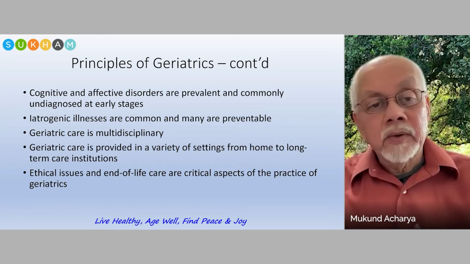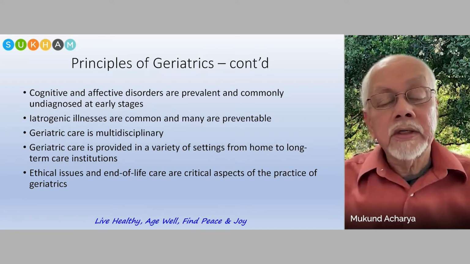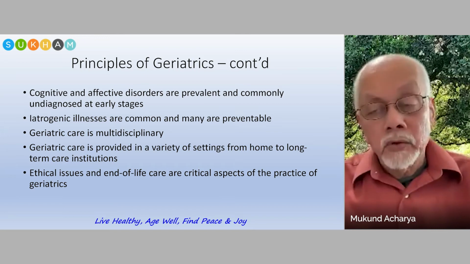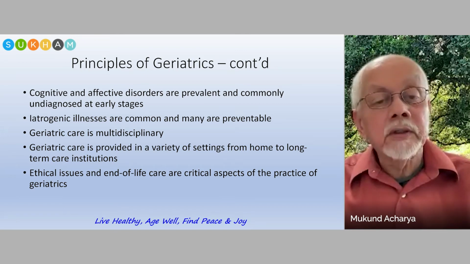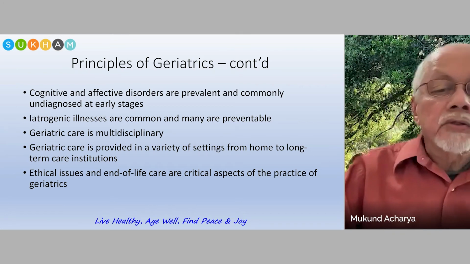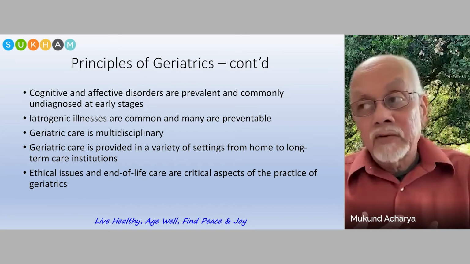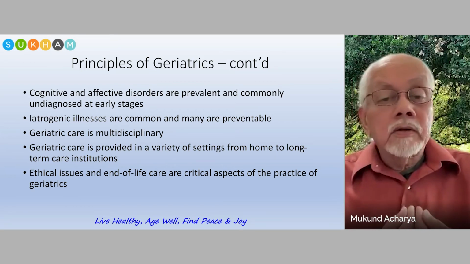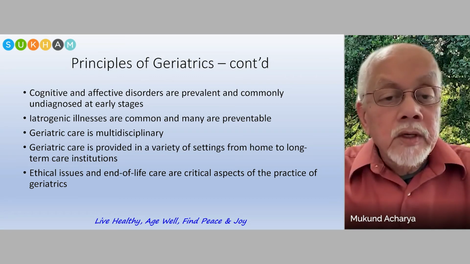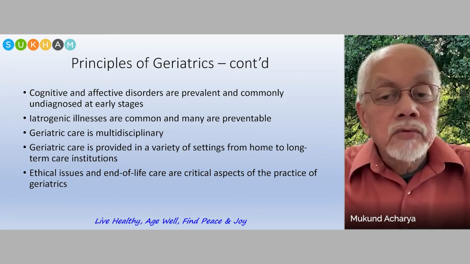We've already talked about this in Rakhiji's talk. Cognitive and affective disorders are quite prevalent, and quite frequently we don't know about it. We don't notice them until they've progressed sufficiently. Iatrogenic illnesses, a term that derives from when a doctor tries to treat us for something and causes some other condition.